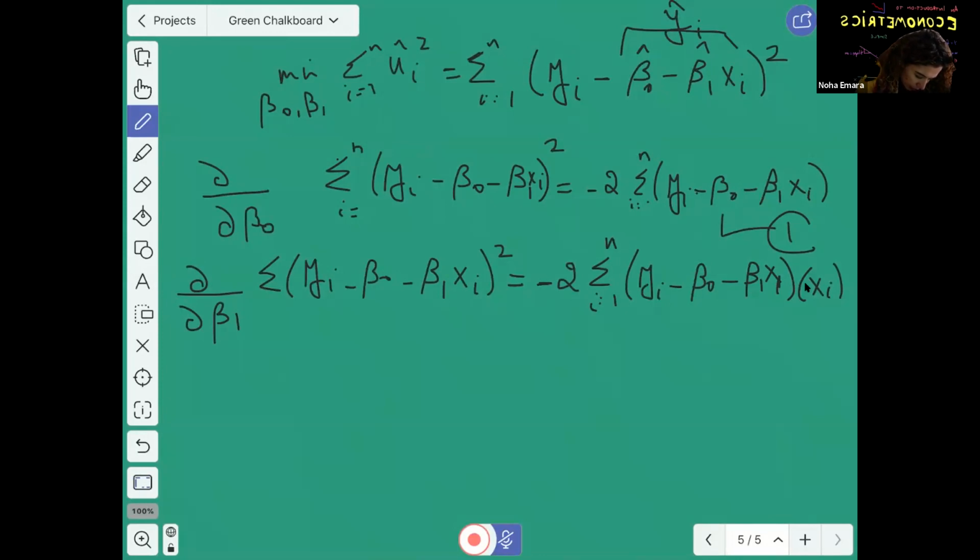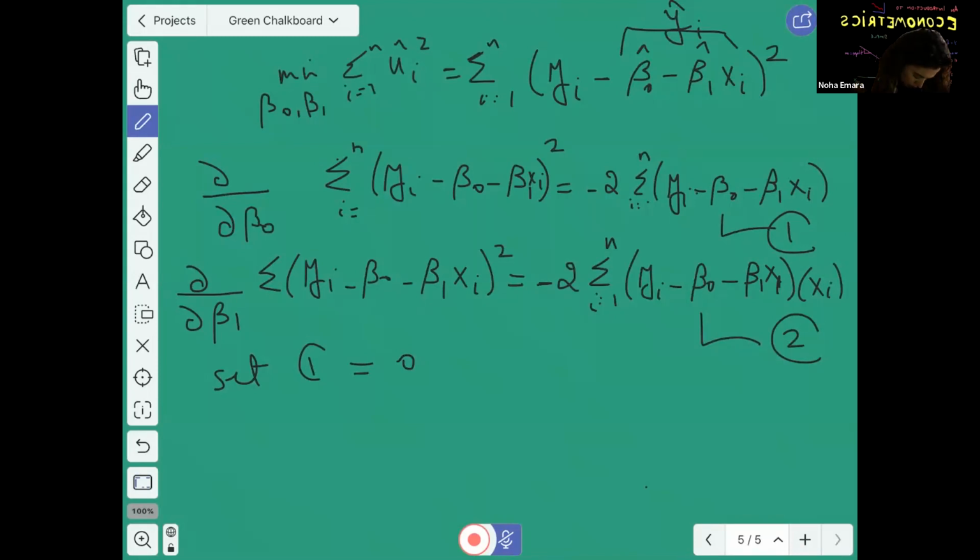Next, what I need to do is solve for beta naught and solve for beta 1. How can I solve for these? In order to solve these functions, you basically need to set the derivative equal to 0. So this is number 2. From equation 1, if I set the derivative equal to 0, I can solve for the intercept of the function.